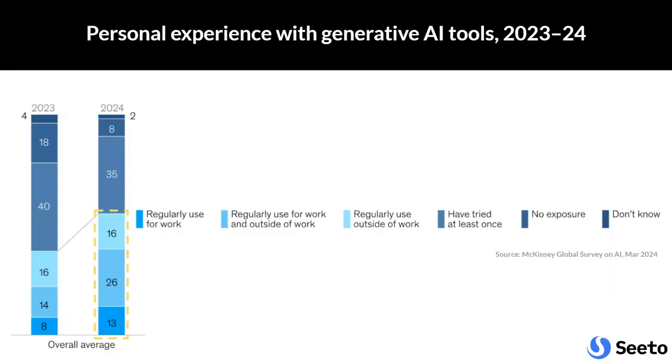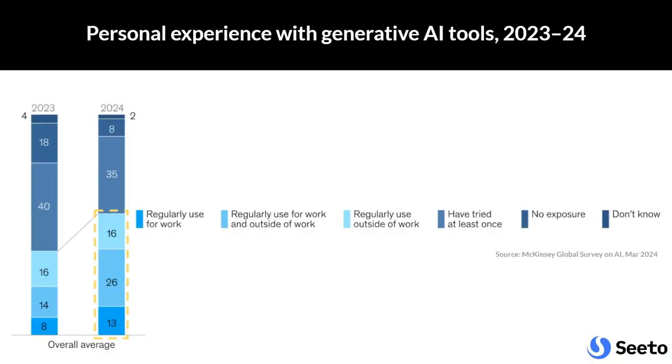Even if you're not seeing adoption inside your business, and if we believe that those figures are maybe a little bit optimistic, it's also true that people seem to be using AI much more in their own work, and the McKinsey study looked at this as well. What they found is that there's a significant increase year on year of people claiming that they would regularly use generative AI at work, but also a growth in the number of people using it for work and outside of work.